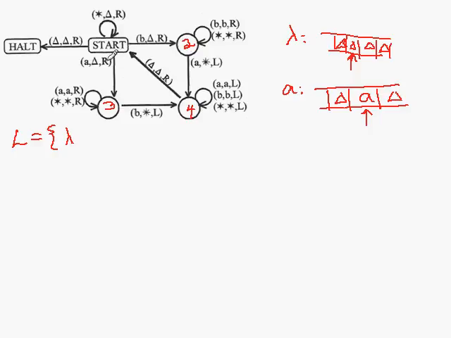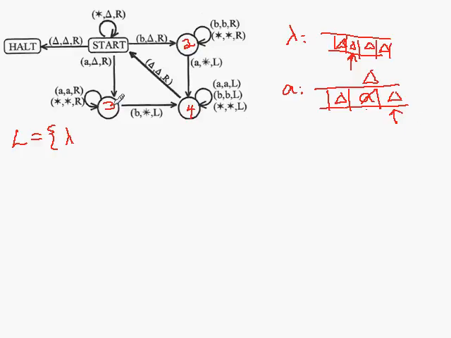And that says if you see an A, change it to a blank and go to the right. So this would become a blank and our tape head would move over here to the right, and we'd be in state 3.